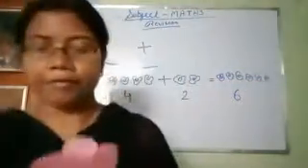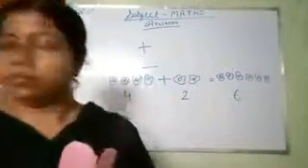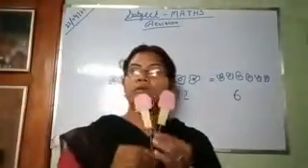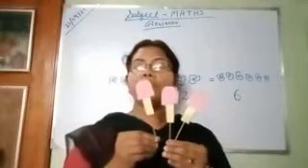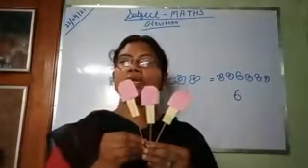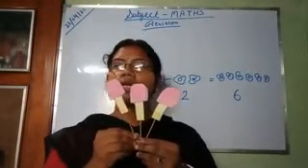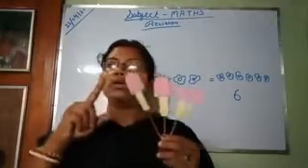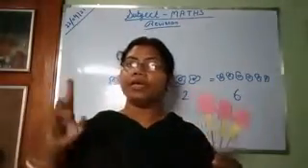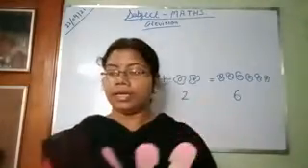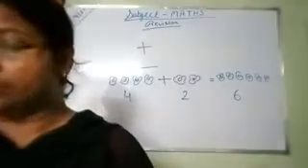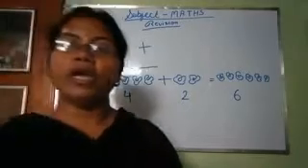Suppose I have 2 ice creams and somebody has given 1 more. Now how many total is there? 1, 2, 3. So 2 plus 1 will be 3. Now this is the concept of addition.